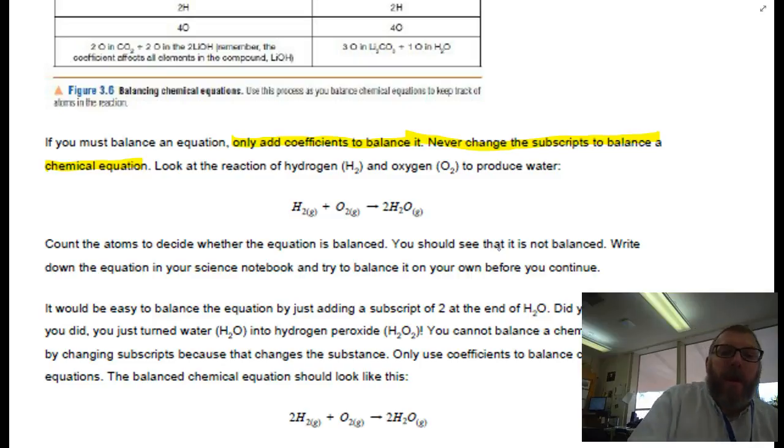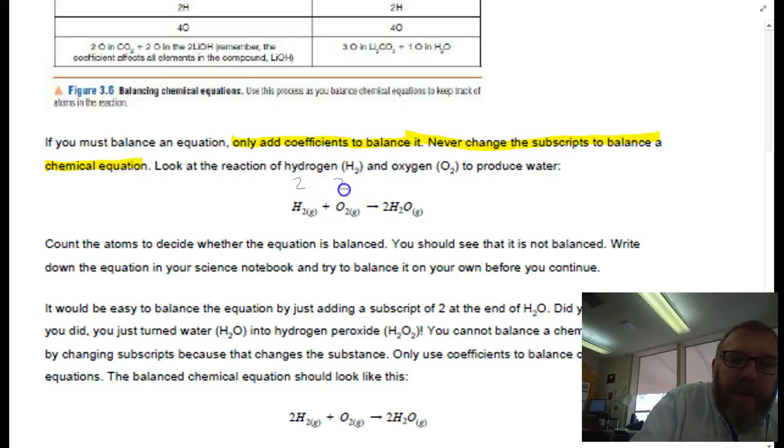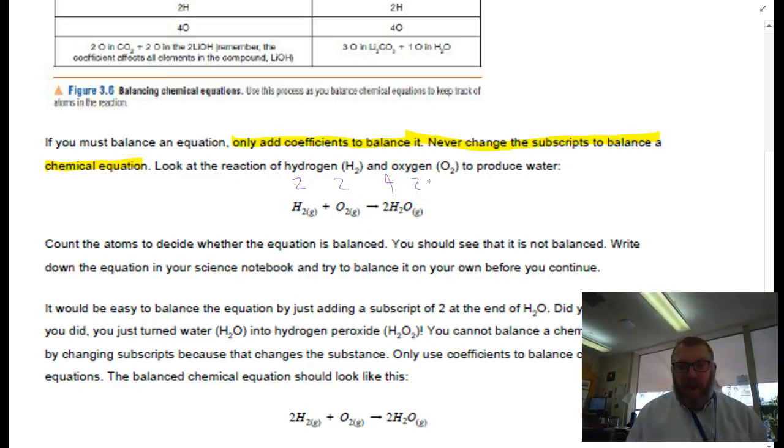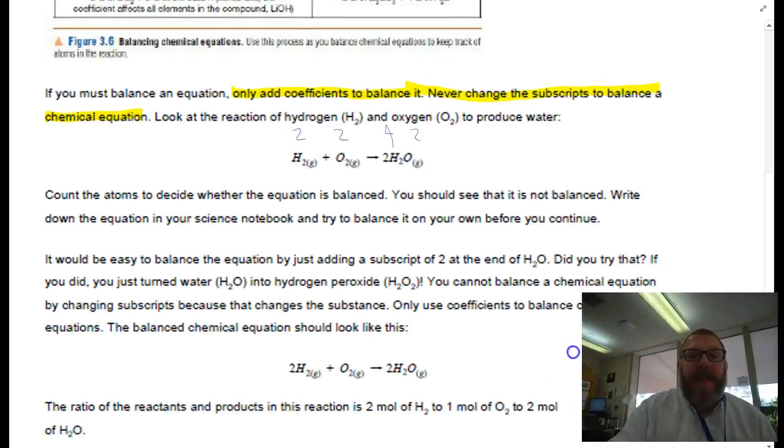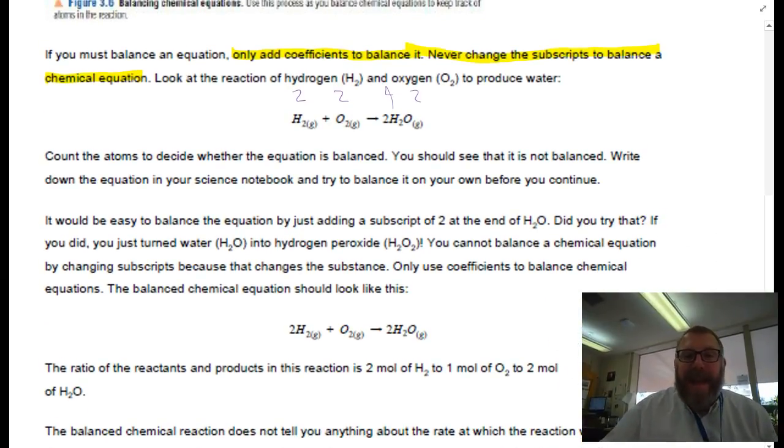Okay, you should have noticed that on the left side there are 2 hydrogens and 2 oxygens, and on the right 4 hydrogens and 2 oxygens. Well, you'll notice that oxygens balance, but hydrogens don't. So it would be easy to balance the equation by just adding a subscript 2 to the end of H2O.